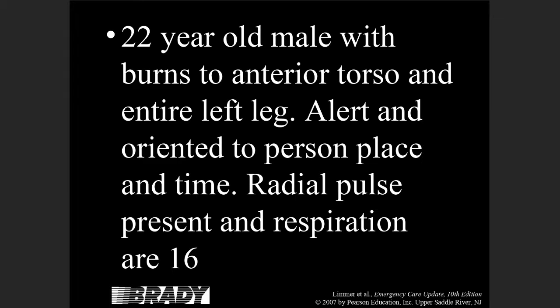22-year-old male with burns to the anterior torso, entire left leg. All right. First of all, before even answering that question, can you give me the percentage of body surface area involved? Oh, I threw a curveball at you. The entire left leg and entire anterior torso, wrong!